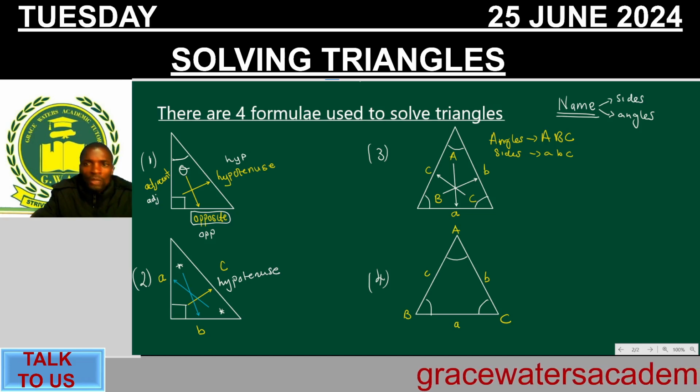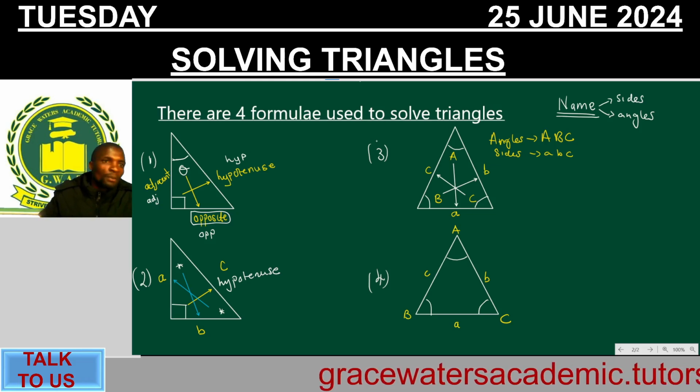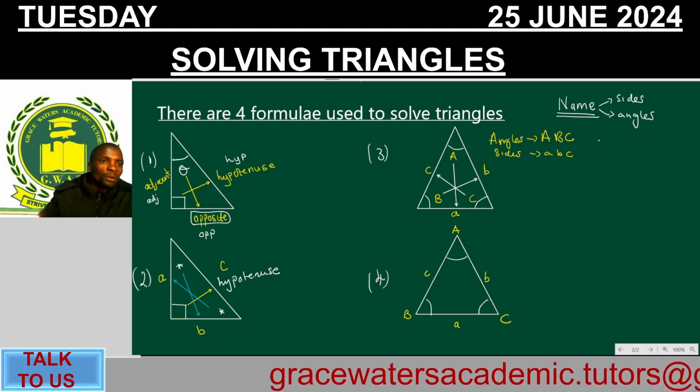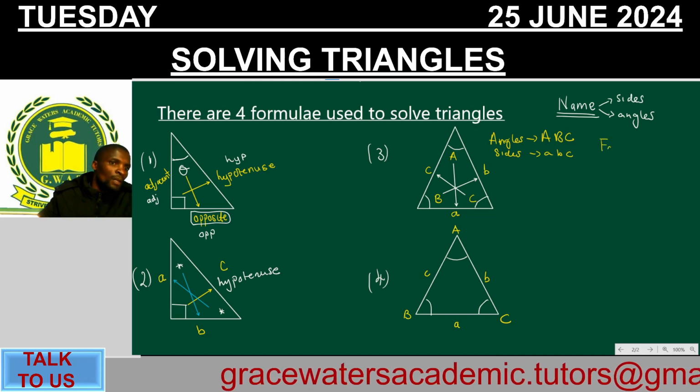So what you need to do now is to move and look at the formulae, because the process is, we start from naming and then we go to the formula.